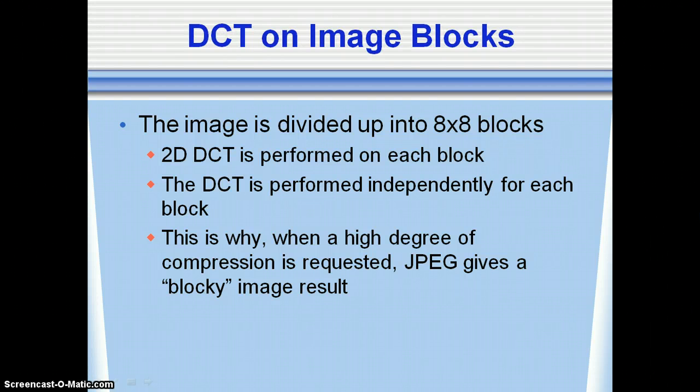The image is divided into 8 by 8 blocks, whereas 2D DCT is performed on each block. The DCT is performed independently for each block. This is why when a high degree of compression is requested, JPEG gives a blocky image result.